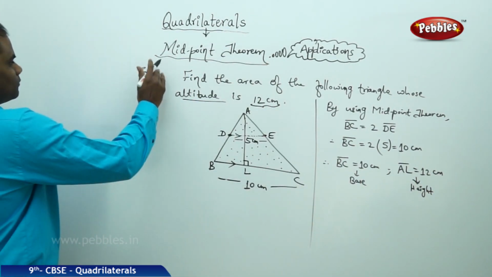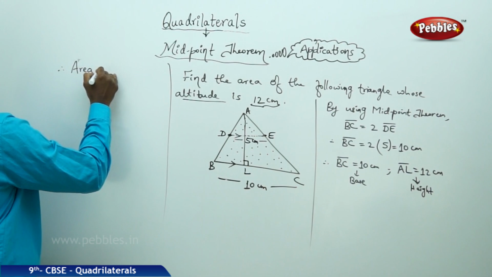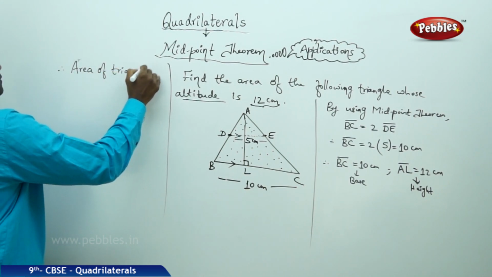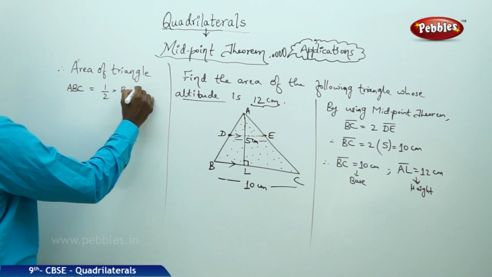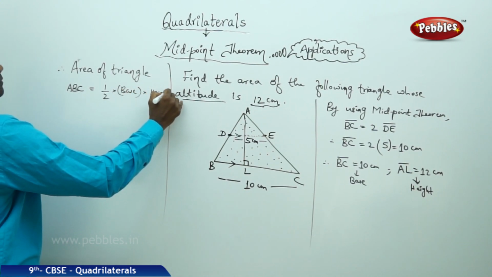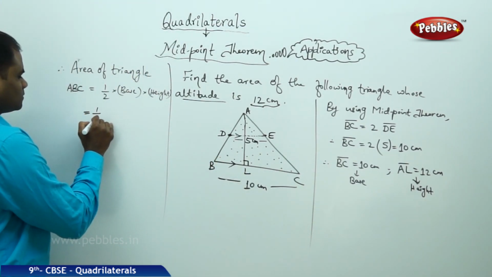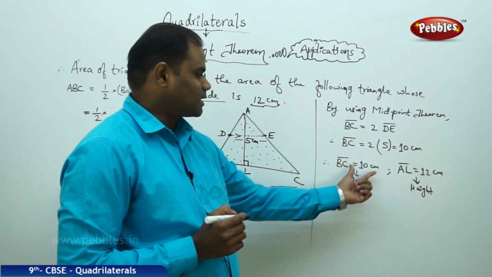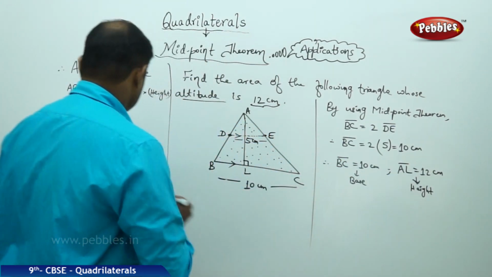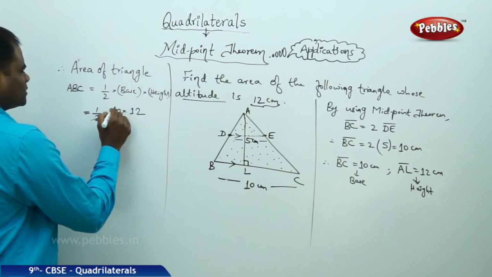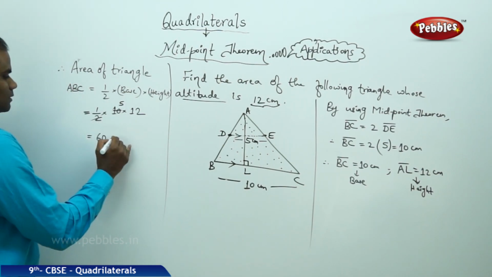Using the formula for the area of a triangle, in this case, half times my base, which is 10, times my height, which is 12, on further simplification gives 12 fives, 2 ones are 2, 12 fives are 60 centimeters square.